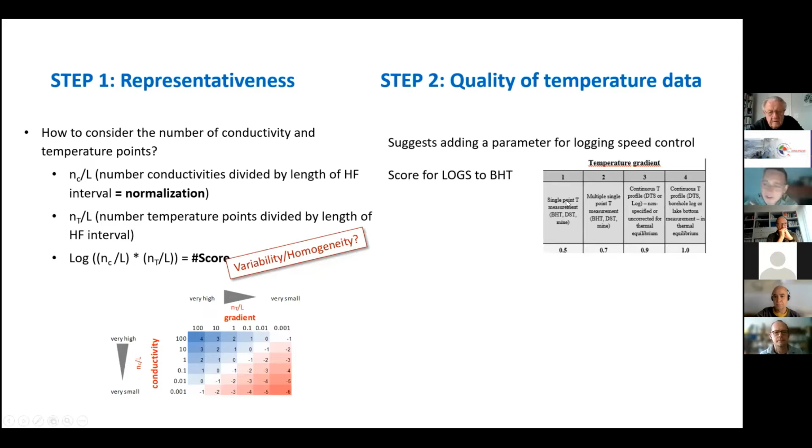That was a very rough classification in 4 steps. We could think how to refine the scale, for example, whether this is required. There was, for example, the suggestion to add a parameter for the speed of logging, or for the number of temperature data points at all.